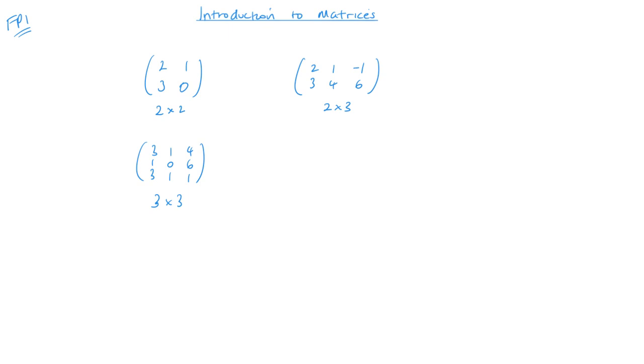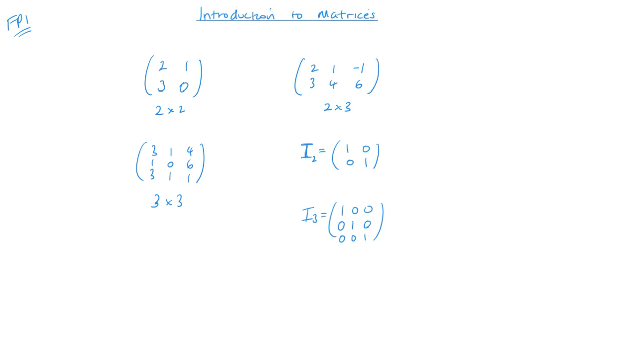And then you've got the identity matrix. The identity matrix is quite important. I'll get on to that at some point, but for now just know that it's quite important. This one is called the identity, and you put a little I and 2, and the identity I and 3 will look like this.